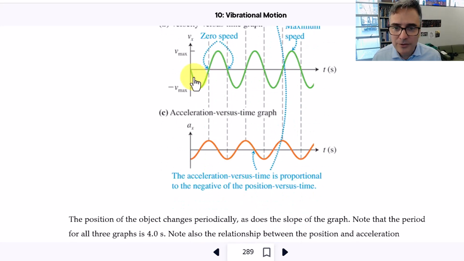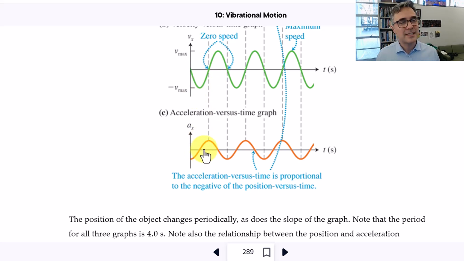And then what you can do is take the slope of the v versus t graph and get the acceleration versus time graph. And then you'll see something else, which is that when it starts from rest, it has its maximum acceleration. When it gets to equilibrium position, that's when it has its zero acceleration.